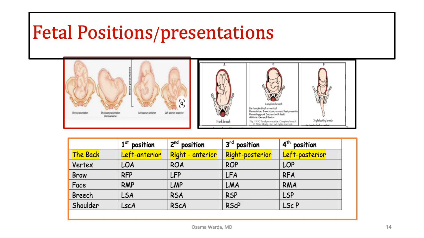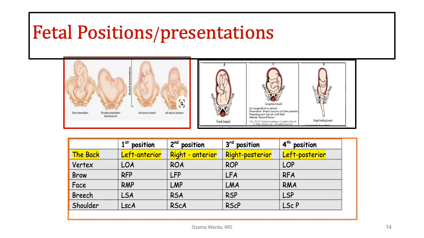These positions will differ if related to the presentation. Let's say in vertex presentation, the dominator, which is occiput, is at the same side of the back.